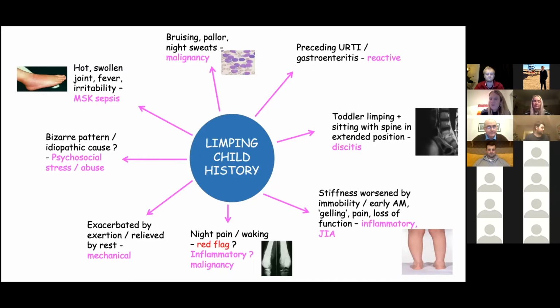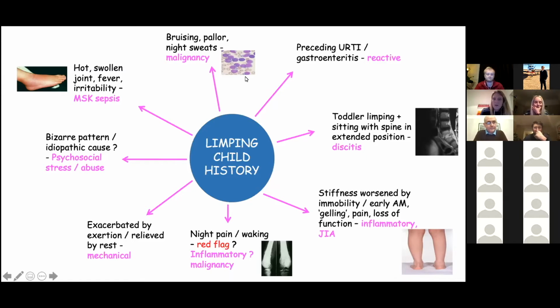It's usually very painful, and they usually really don't want to move that joint. It's really important to treat this quickly, because untreated it can cause significant damage to the bones and the joints, and can lead to sepsis. So in an acute presentation, you definitely want to make sure that they haven't got a sepsis.